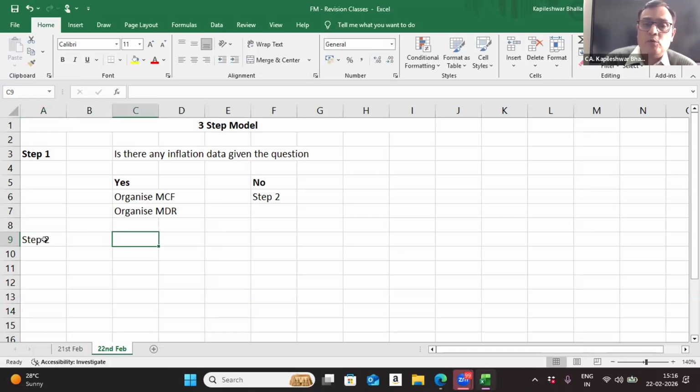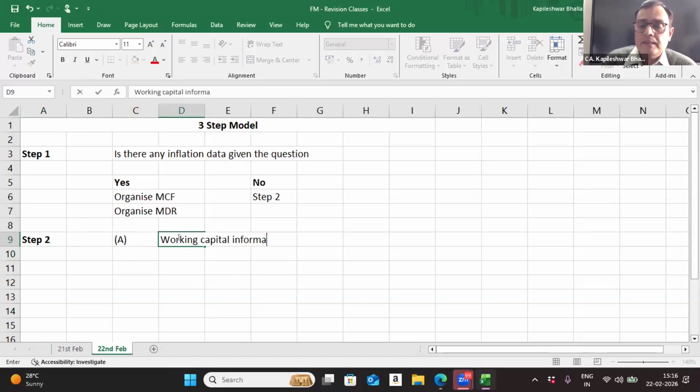In step number two, we'll divide this into two subparts. You need to carefully go through the question and see if there is any working capital information given in it.